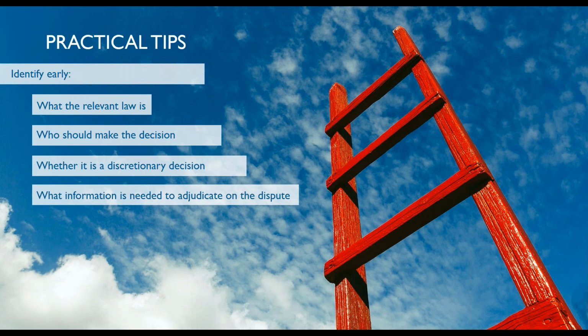So let's take an example of ill health retirement. You need to identify the relevant regulations in the LGPS regulations, so that you're clear on what the test is that should have been applied.